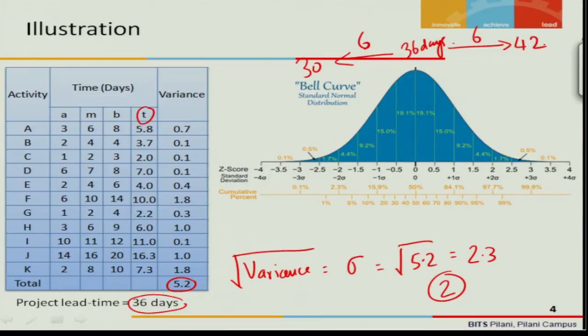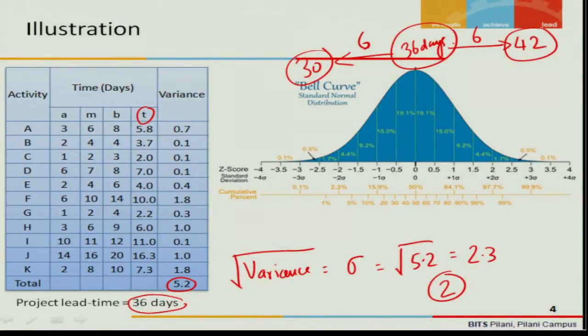Now we say that it is most likely to get completed within 36 days. We also know that it can vary between 30 to 42 days. But this variance looks to be too high for me. How do I know that? What is the best chance?